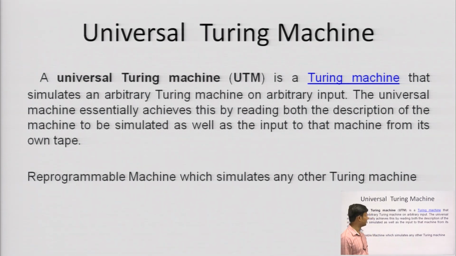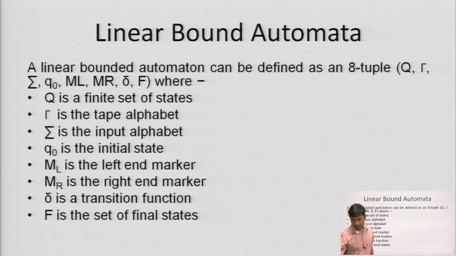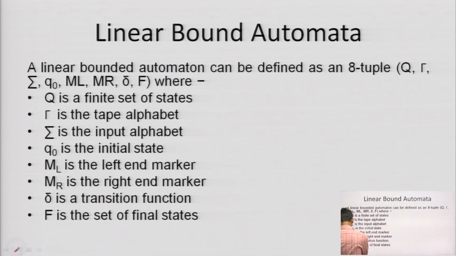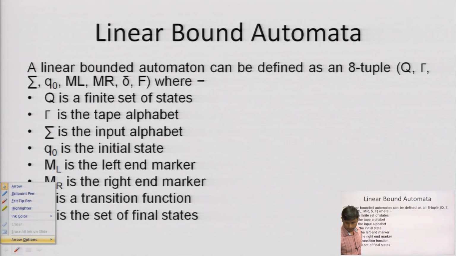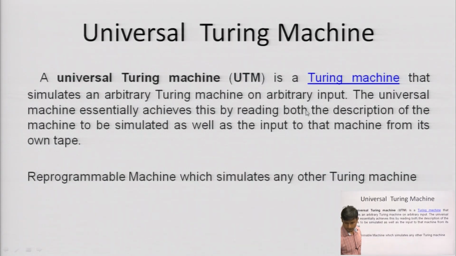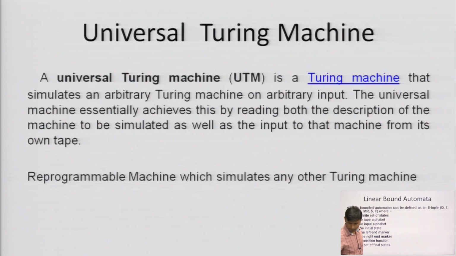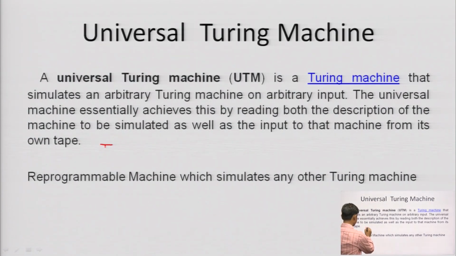What is the meaning of this? Suppose we have some Turing machine, Turing machine M1, and the string is W1.